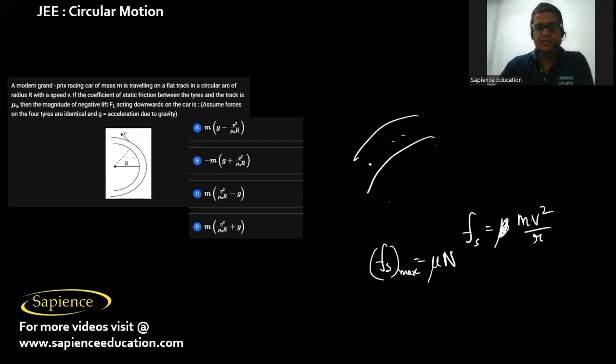This is the track and the car is below the track. So it means the normal reaction will act downwards on the car, and mg will also act downwards.